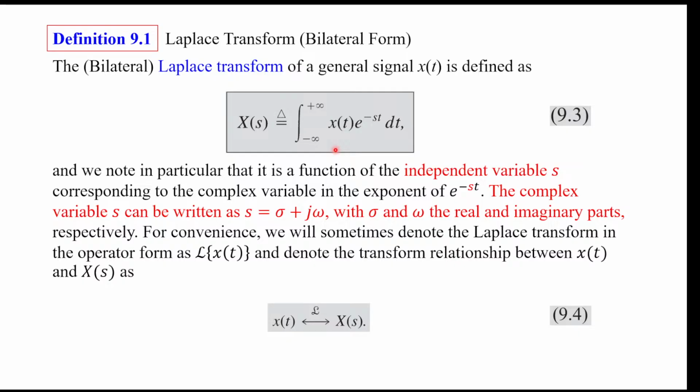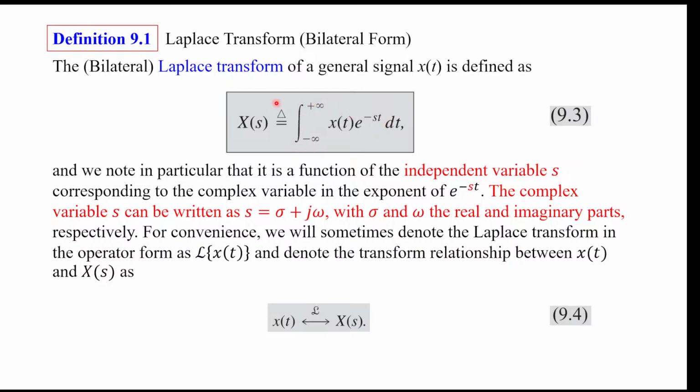This is the definition. The bilateral Laplace transform is defined as the integral from minus infinity to plus infinity of x of t e to the minus st dt. Here t is a dummy variable, t is still real, and it is integrated from minus infinity to plus infinity.